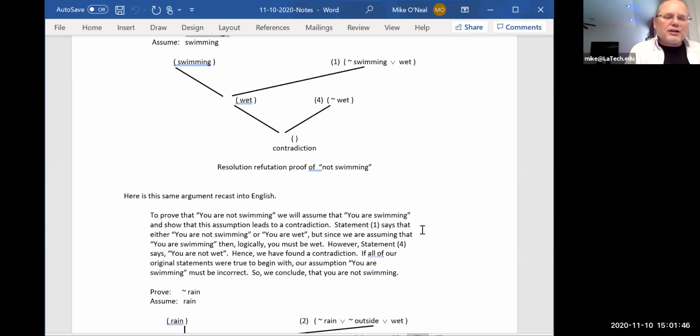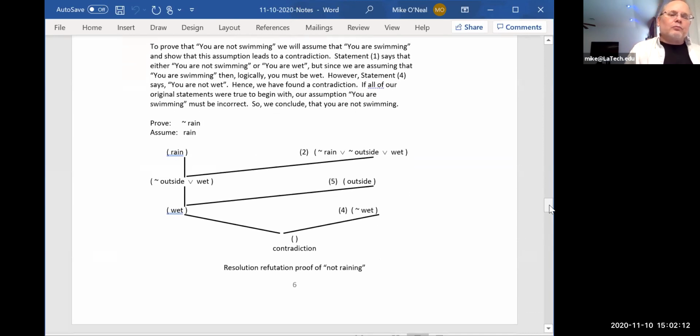However, statement 4 says you're not wet. Hence, we found a contradiction. If all of our original statements were true to begin with and not inconsistent, true and consistent, our assumption, you're swimming, must be incorrect. So we conclude the opposite, that you are not swimming. And that's how resolution refutation proof works.